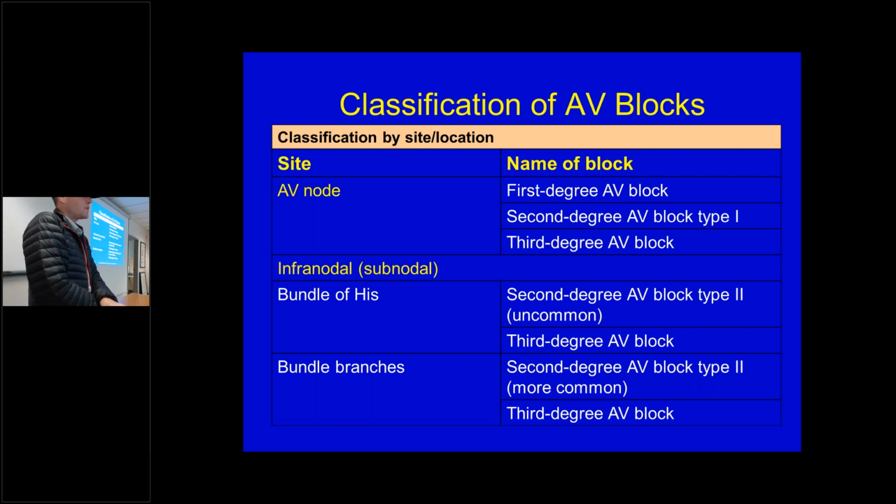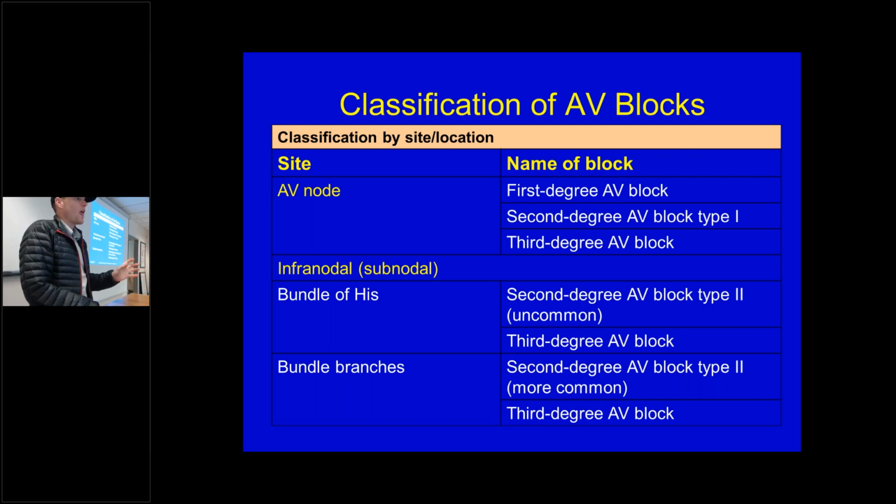Now second degree, first degree is always from the AV node, right? The second degree AV block can be at the AV node or can be infranodal underneath the AV node in the bundle of His or in the bundle branches. If it's a type 1, it's in the AV node. If it's type 2, it's going to be lower in that conduction system, below the AV node in the bundle of His or bundle branches, okay?